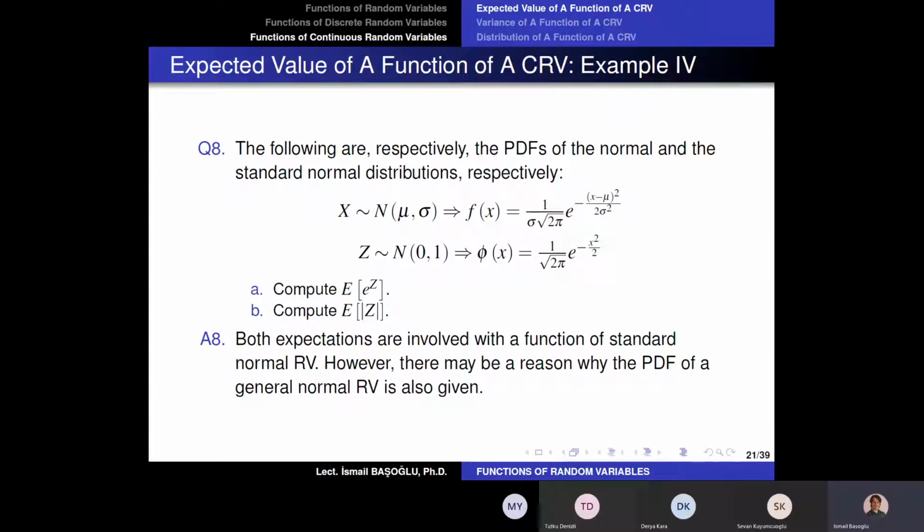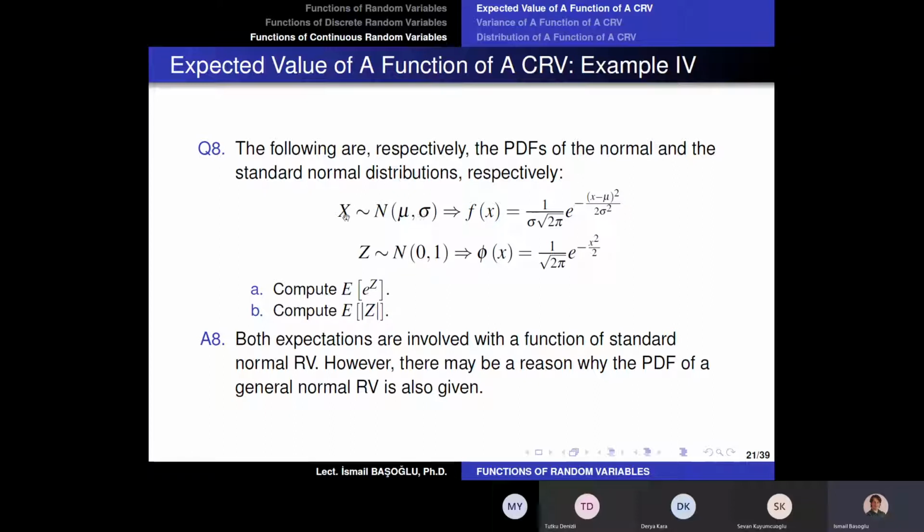Okay, so we are going to state that X, capital X here, is a normal random variable with location parameter mu, which is also the expected value if you remember, and the scale parameter is sigma, which is also equal to the standard deviation of the distribution, and the variance is equal to sigma square.